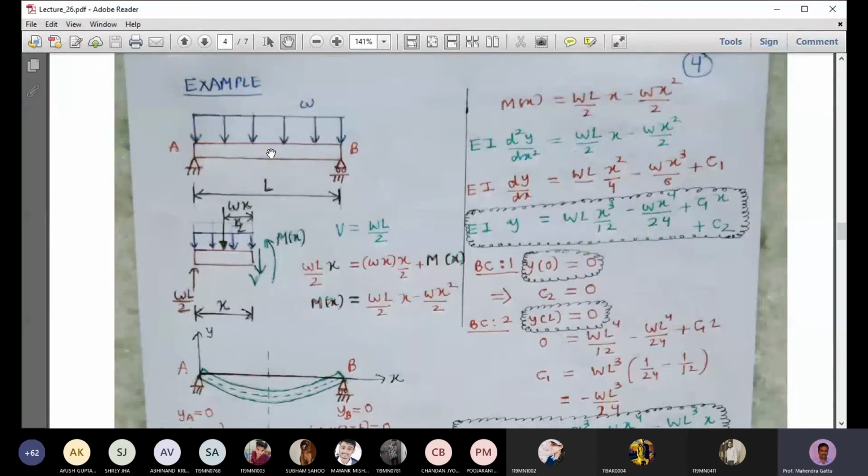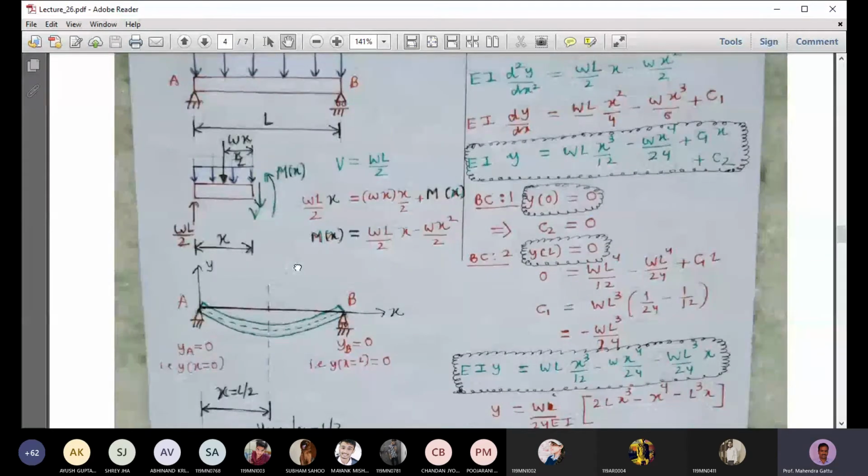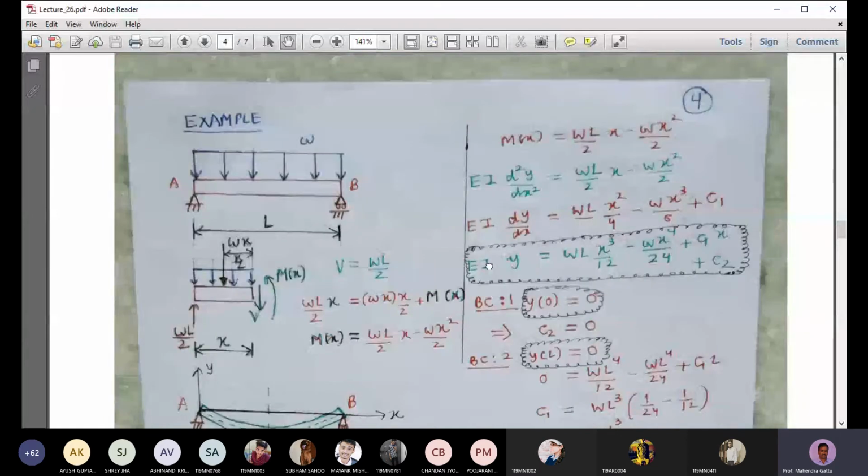So we have the maximum bending moment at the center. Maximum at the center means dM by dx is 0 at that center. Okay, so when dM by dx is 0 at the center, I don't know what is maximum.